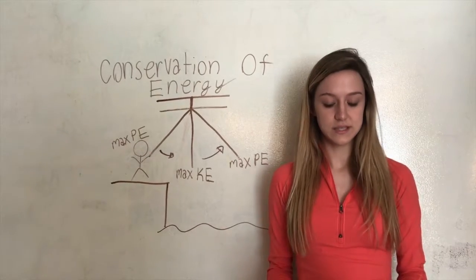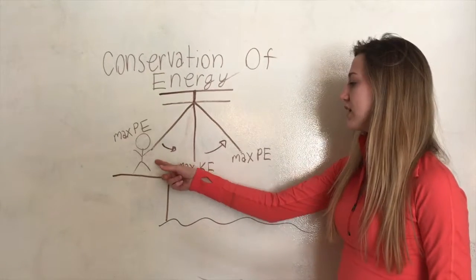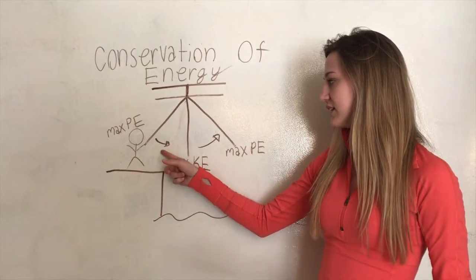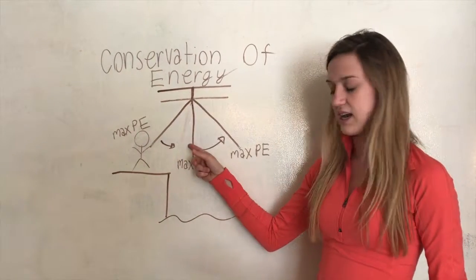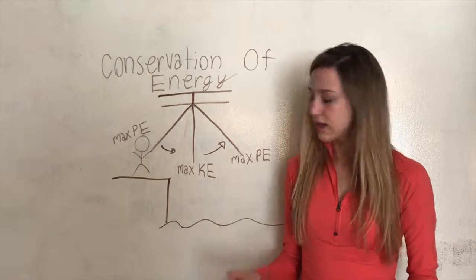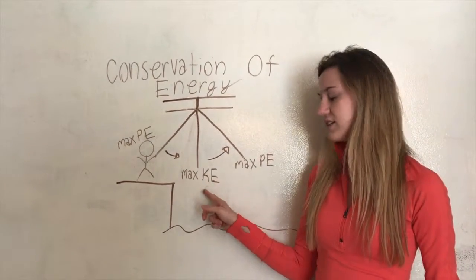Once the person jumps, the energy must be conserved, so the potential energy is transformed into kinetic energy. So during this arc, the potential energy decreases while the kinetic energy increases. Then when the person reaches the lowest point, kinetic energy is at its maximum, and there's no gravitational potential energy.